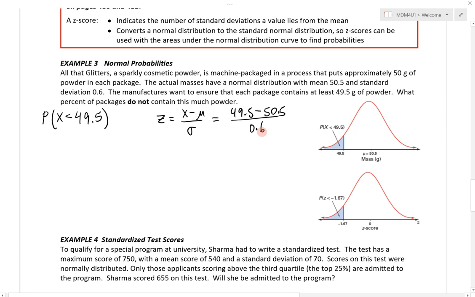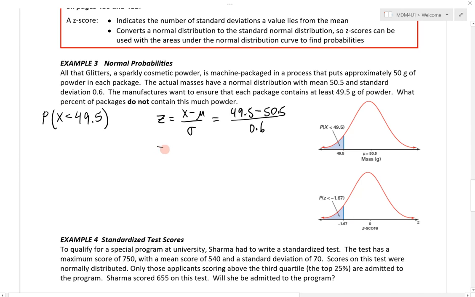Okay, so remember, a normal distribution only needs to be described by its mean value and standard deviation. And once you have that, you can take any value on your normal distribution and convert it to a value on a standard normal distribution. So that's our z-score. In our standard normal distribution, 49.5 becomes negative 1.67.